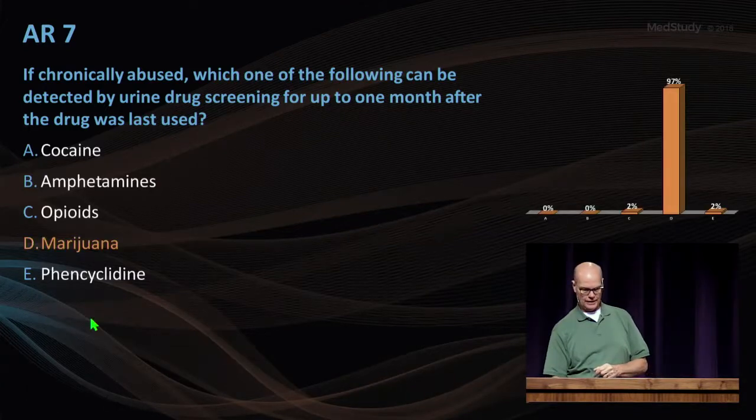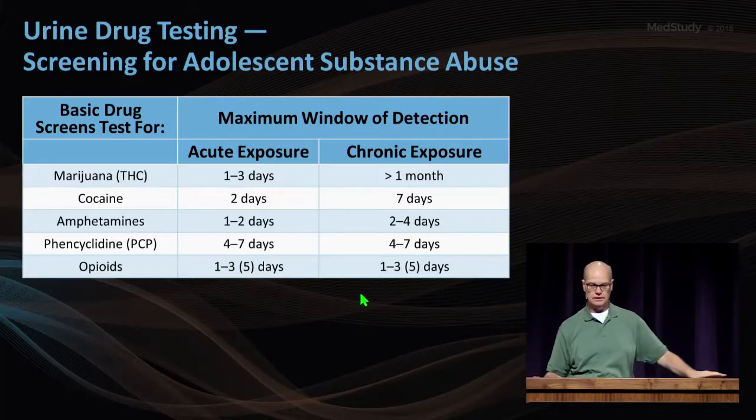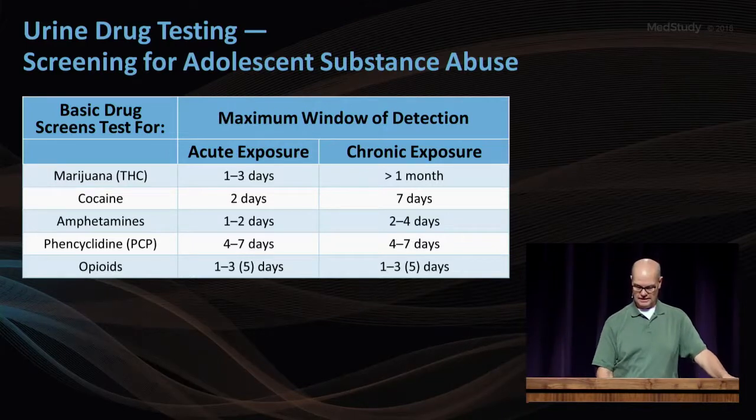Marijuana, great. Okay, so let's talk about that. So how long can you find them? Again, with chronic exposure, by far, marijuana can be detected out as long as a month. All of the other drugs, be it acute or chronic use, it is not much more than 2 or 3 days.